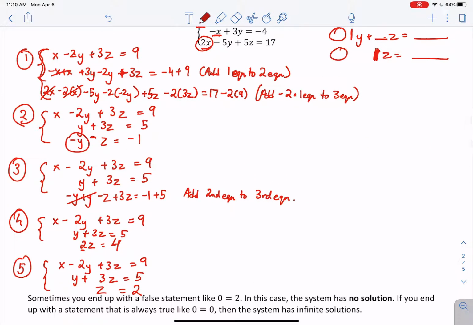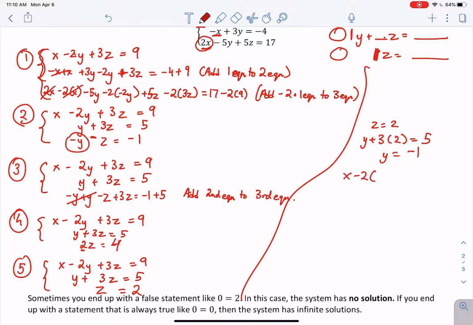Using these row operations, then I can go ahead and solve it, right? I can do z equals 2, and then y plus 3 times 2 equals 5, so y equals -1, and then x minus 2 times -1 plus 3 times 2 equals 9, so x equals 1.